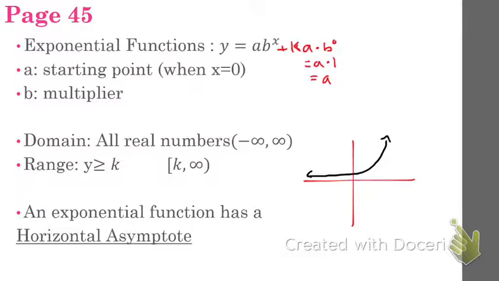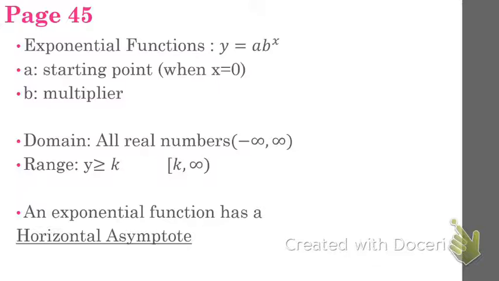You see how that last example we did was expressed by that exponential function. We had our starting point, we had our multiplier, so on and so forth. Awesome. Okay, I'm going to go to the next one.